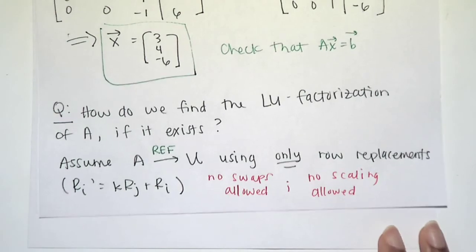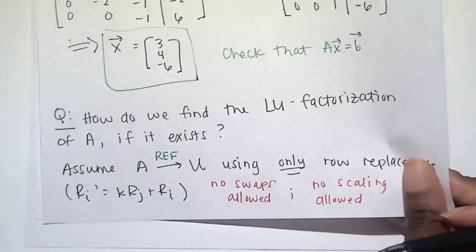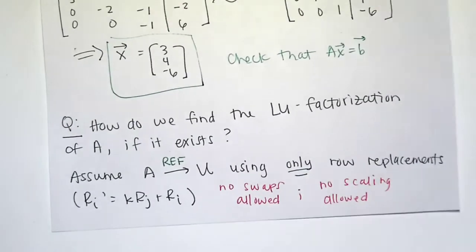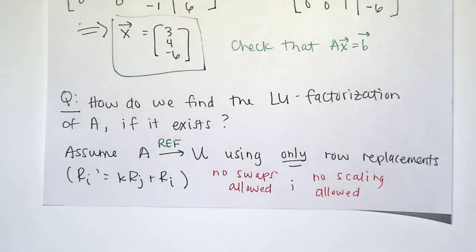Okay, so what did we just say here? We just assume that A can be row reduced to be U using only this type.